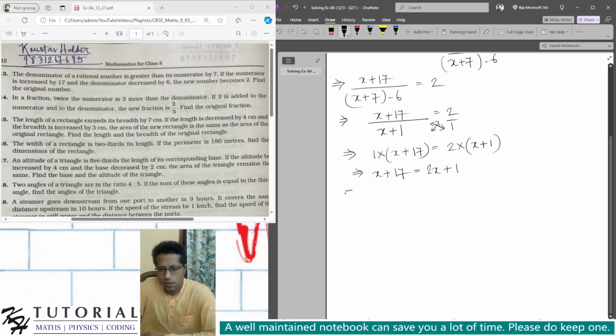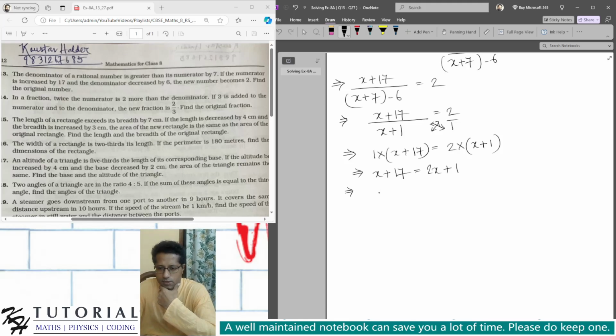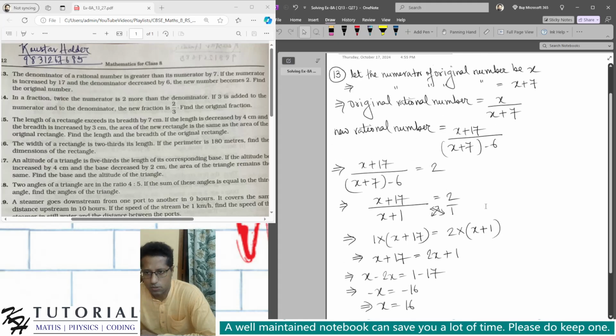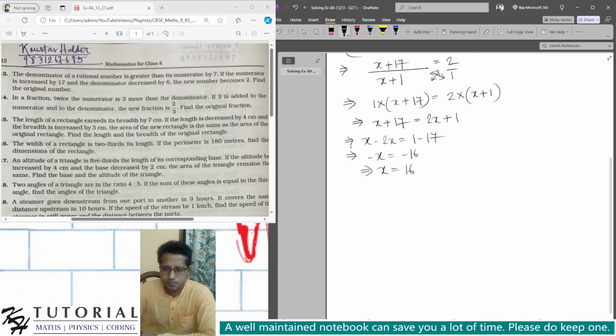Now by transposition, if we bring all the x terms, that is the variable terms, on the left hand side, and all the constant terms to the right hand side, we get x minus twice x is equal to 1 minus 17. Simplifying, we get minus x is equal to minus 16. This implies x is equal to 16. So the numerator of the original number is 16.